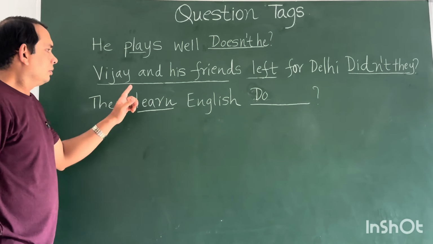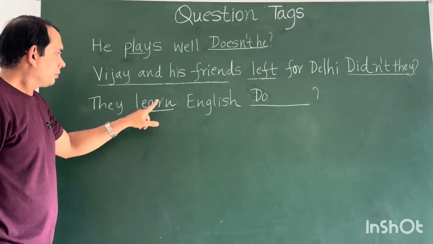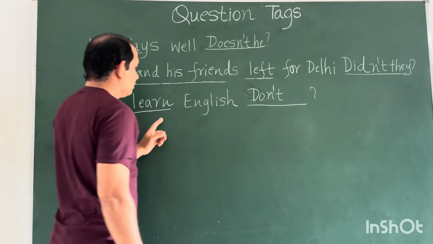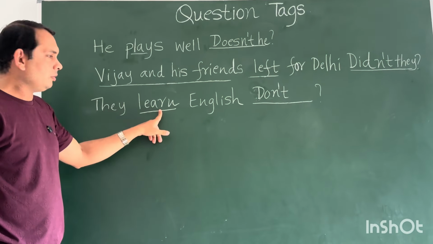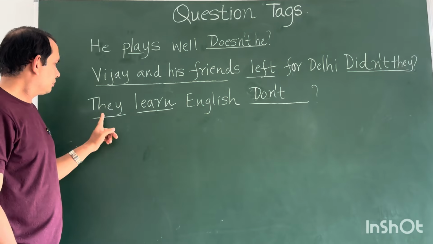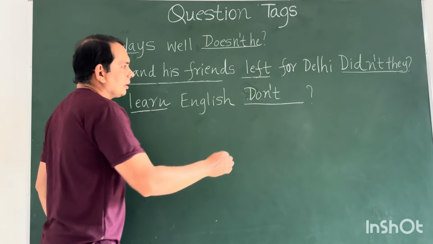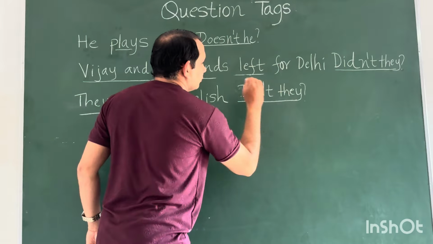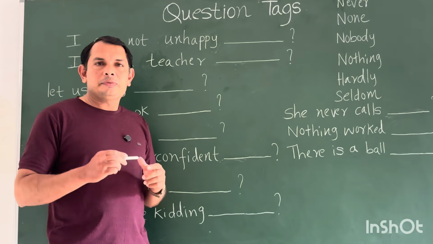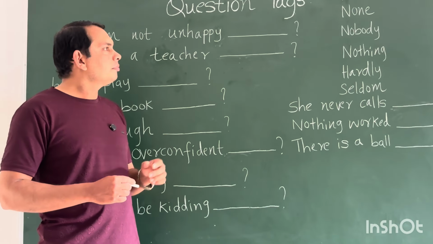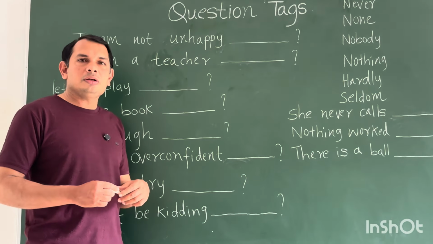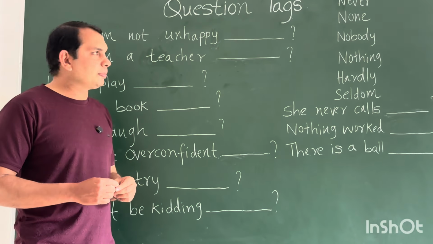After writing do, I have to add not, because this sentence is a positive sentence. After writing don't, we write the subject, that is they. Don't they. Whenever we write question tags, we must be aware that there are certain exceptions to the rules that I have explained.